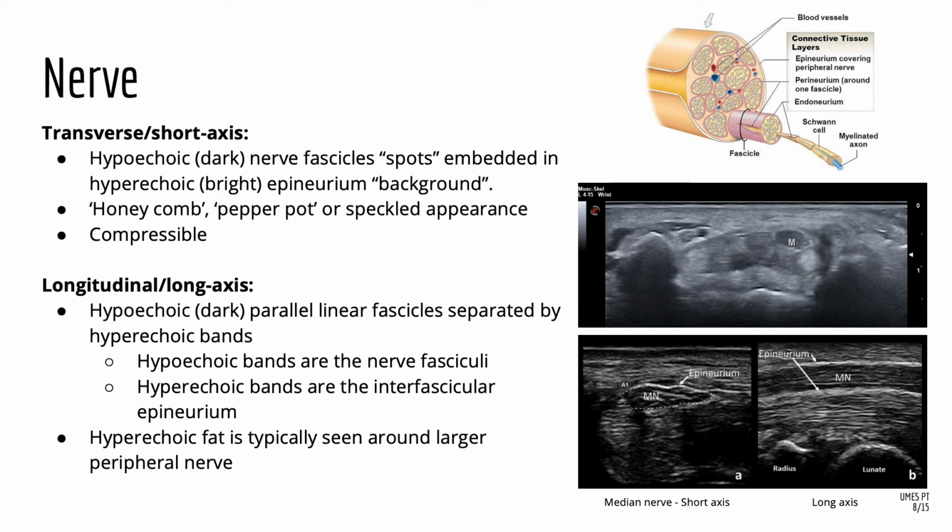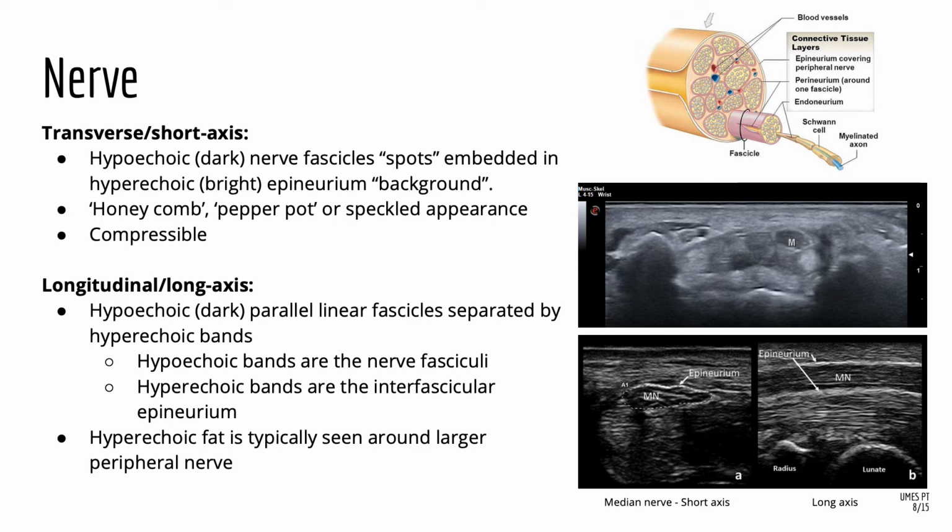So here's the one we're really worried about, nerves. In the transverse or short axis, they are hypoechoic dark nerve fascicles, spots, embedded in this hyperechoic epineurium background. They have a honeycomb, pepper pot, speckled appearance, however you want to think about it, and they're compressible.